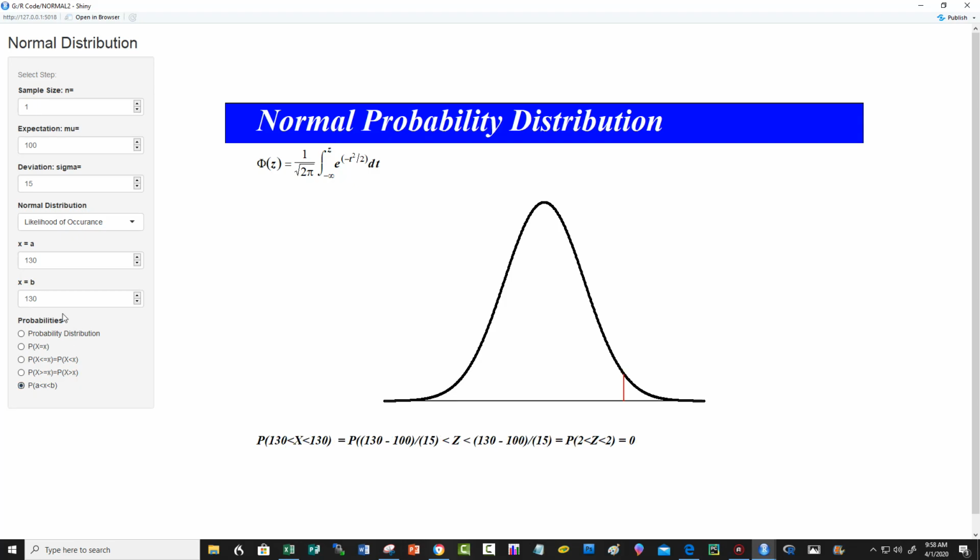Alright, but let's make them separate. So let's say between 1 and an arbitrary deviation, so let's say 140. Alright, so that is pretty far away. I don't think it's showing in my graphic. Let's move it closer. Let's say 110.